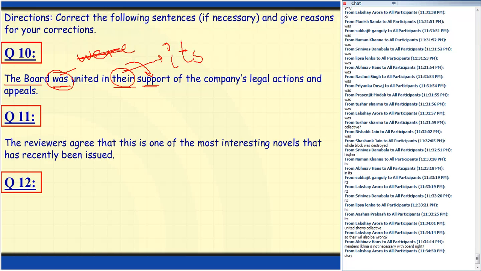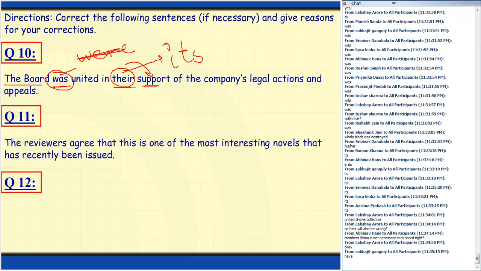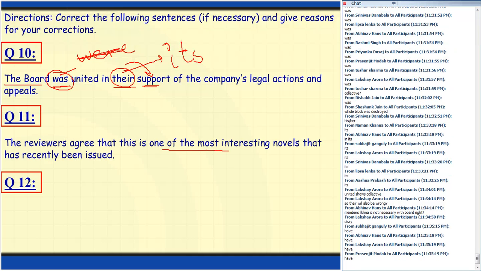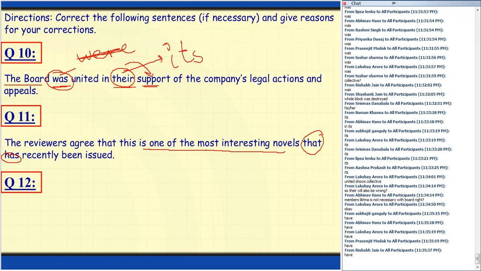Question number 11. Okay. This is one of the most interesting novels that, this was the last 16 rule. So has should not be there, it should be have. 12th.